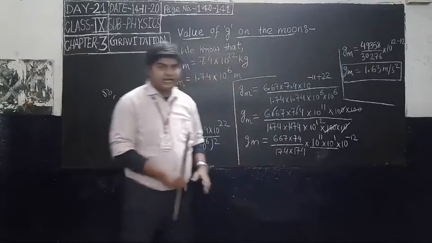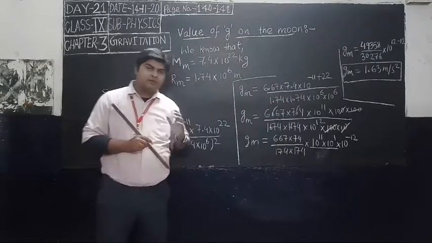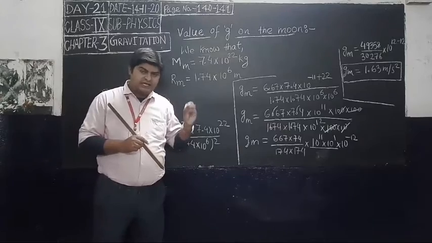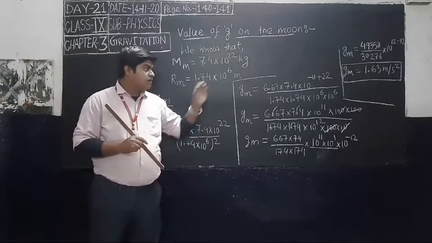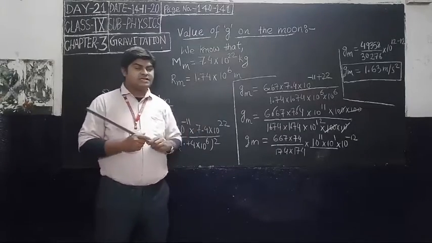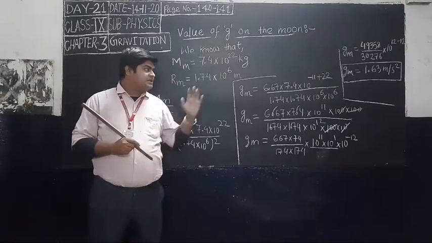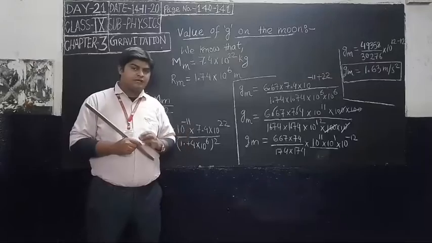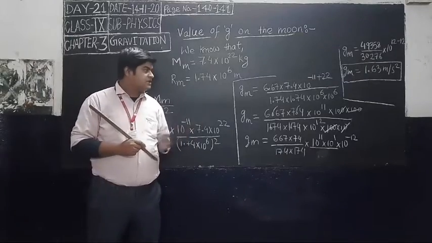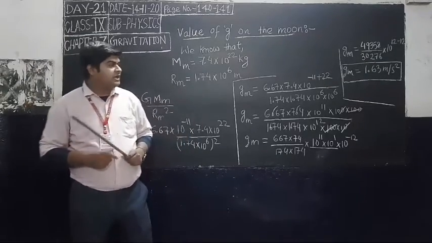So we can say that the acceleration due to gravity on the moon is 1.63 meter per second square, and you know that the acceleration due to gravity on the earth is 9.8 meter per second square.